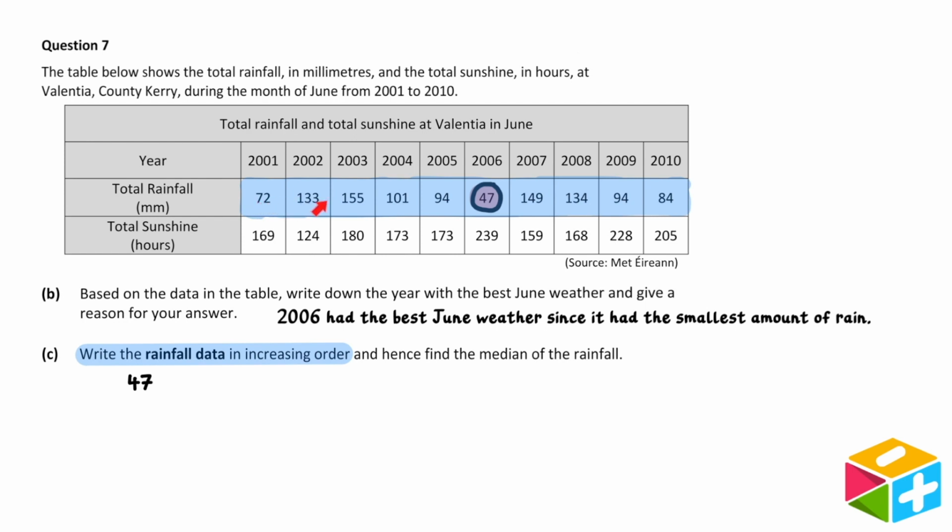Scanning through our numbers, we'll notice that 72 is the next smallest value. It's worth pointing out that I'm circling my values as I go along here, since this makes it easier to keep track of the numbers we've already used. Looking at our remaining data, the next smallest value is 84.